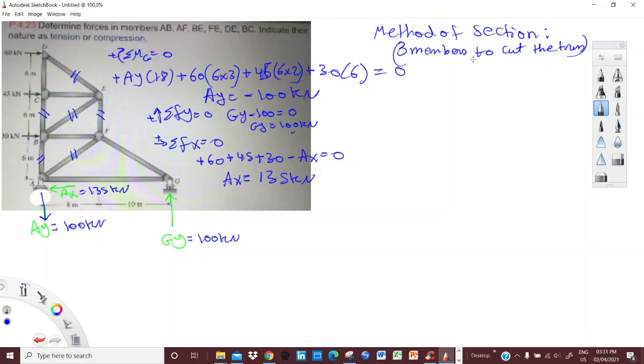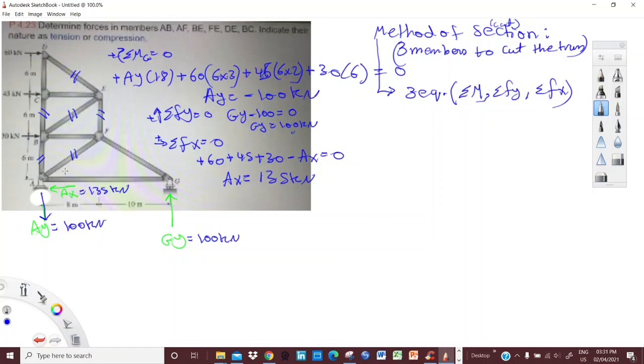And we have three equations that we can solve with the method of section. When we do a cut, we can use summation of moment, summation of Fy, and summation of Fx.